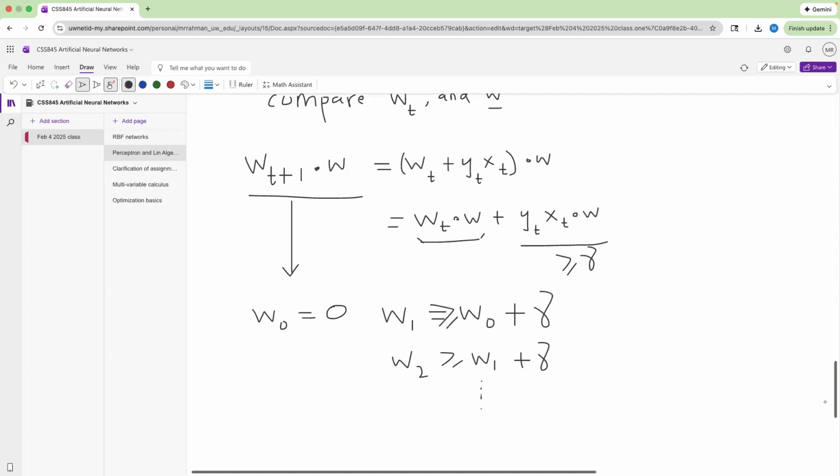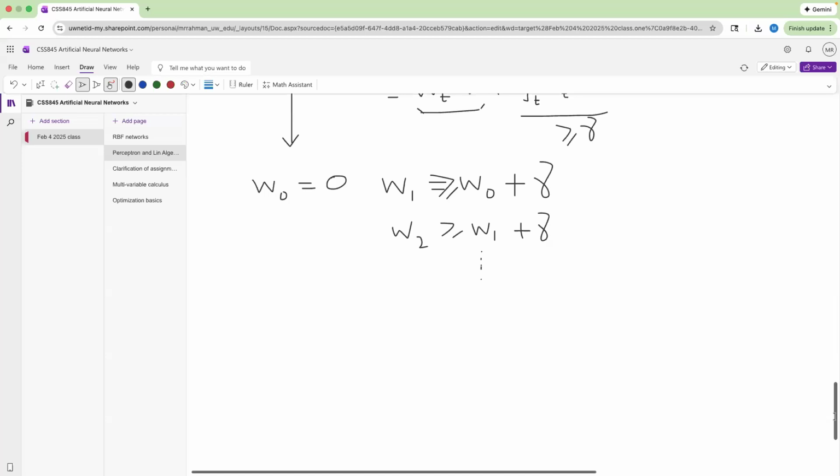And now if you do this iteratively, every time you run this you make one mistake, right? One mistake means that every time you make this rule update, you found one misclassified point, which is a mistake your algorithm made, and you fix that mistake by updating the weight.